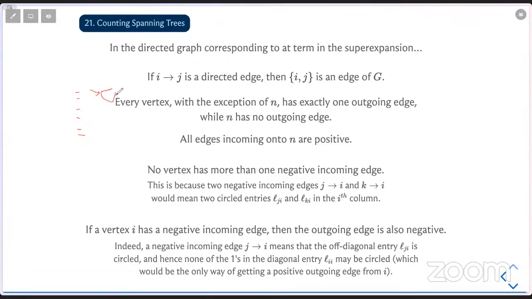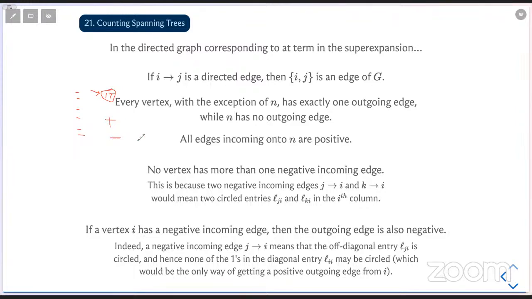From the terms in the super expansion, you're going to get some edges in the graph. I think the way they like to classify it is to say that you have some of these graphs that correspond to spanning trees. These are the nice objects that you want. And then you're going to have things that are not spanning trees, and some of them have a positive sign and some of them have a negative sign.